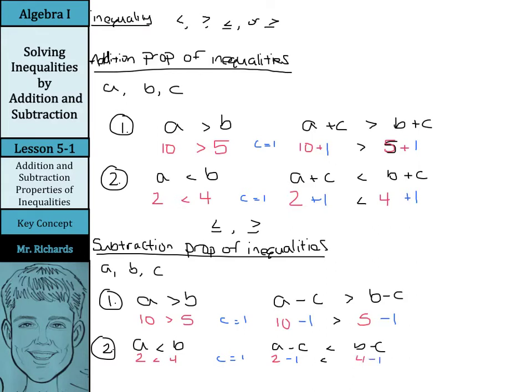And of course, 1 is less than 3. And similar to our addition properties, these also hold true for less than or equal to or greater than or equal to.